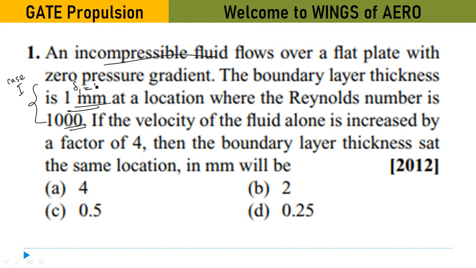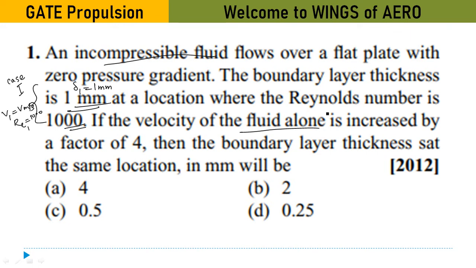So the location x they have considered, here also they are considering the same location. Now what will be the boundary layer thickness if the velocity is increased by 4 times? This is the question, right?